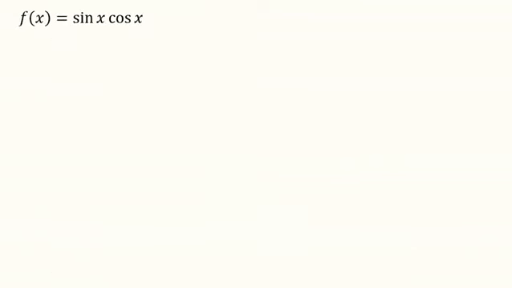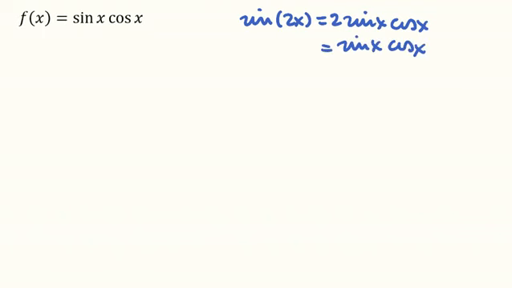You're going to remember that sine of 2x equals 2 sine x cosine x. So sine x cosine x is equal to half of sine of 2x. Okay, so we need an antiderivative for half of sine of 2x.